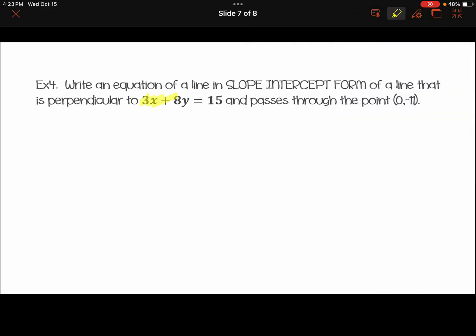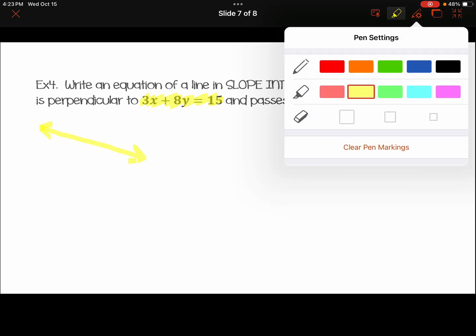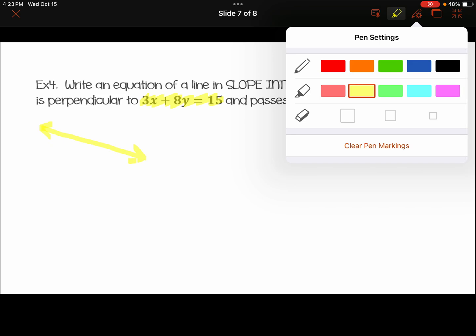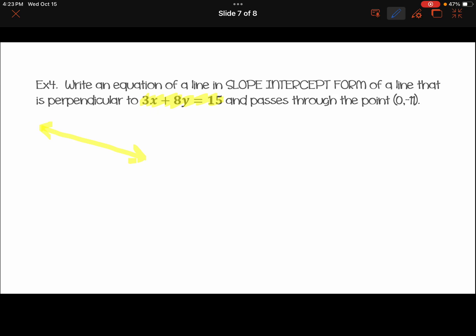We have this line. Make that be the yellow line. And then we have this random point. I just want to make sure that's the same that's in your foldable.